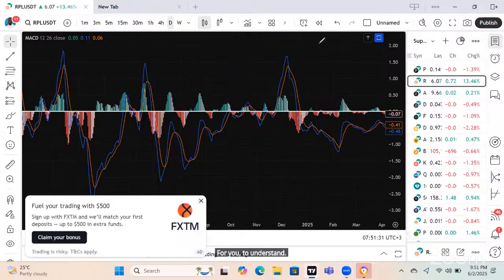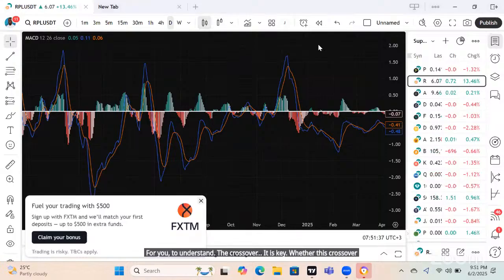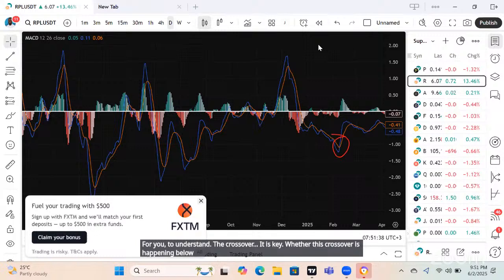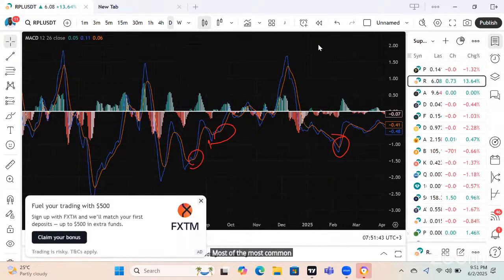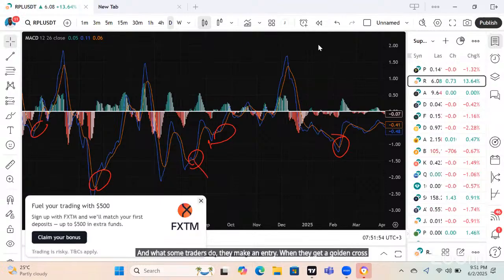The crossover, it is key. Whether this crossover is happening below the zero line. Most common crossovers happen below the zero line. And what some traders do, they make an entry when they get a golden cross below the zero line.